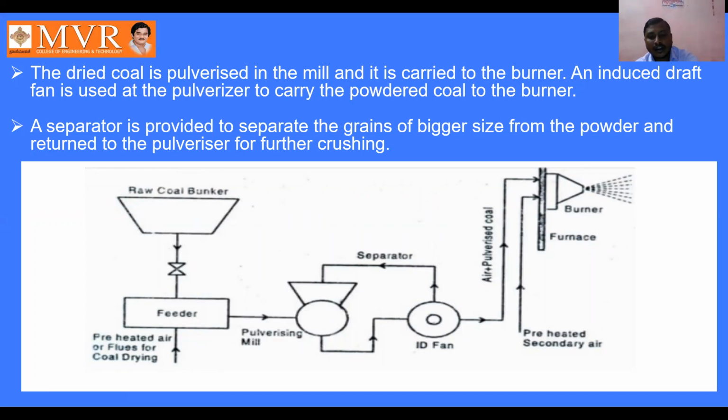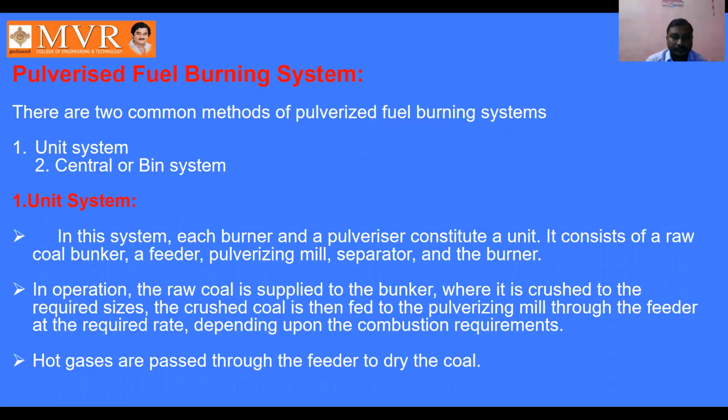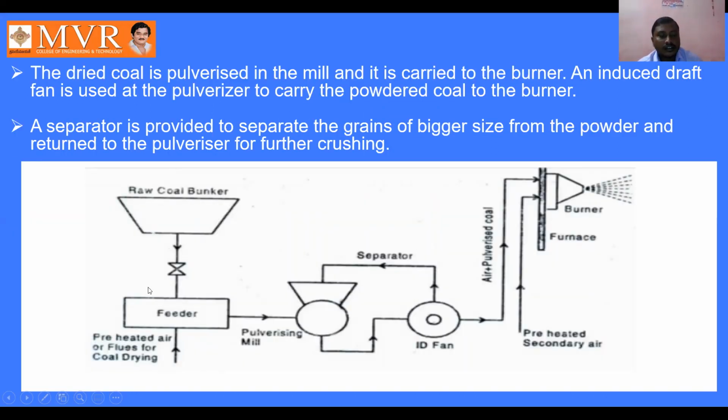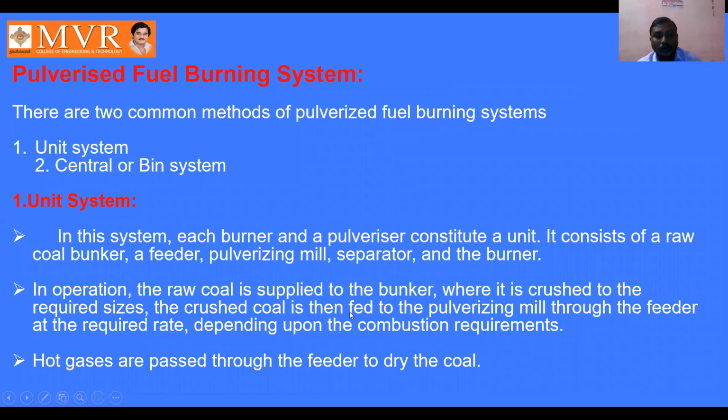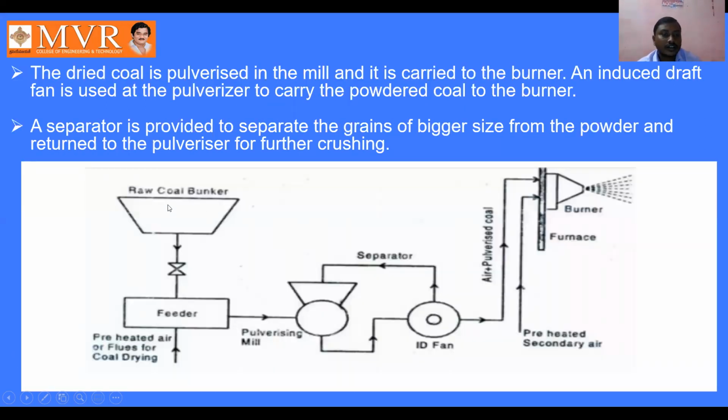See here, the crushed coal is then fed to the pulverizing mill through the feeder at the required rate. After crushing in the raw coal bunker, it enters the feeder.